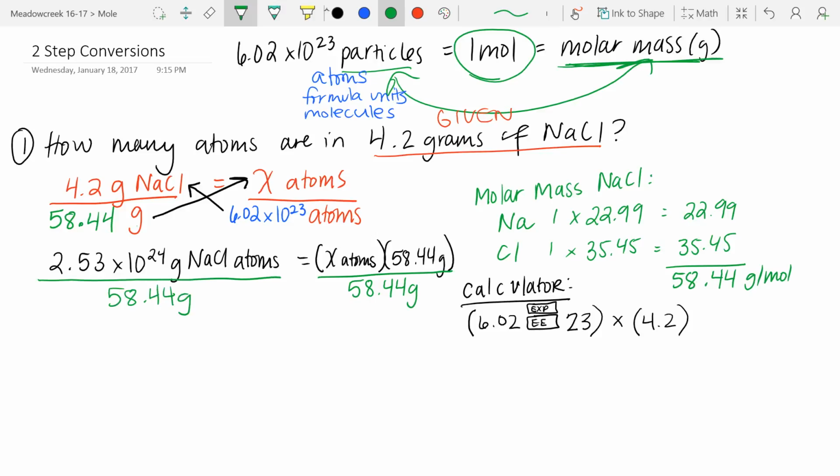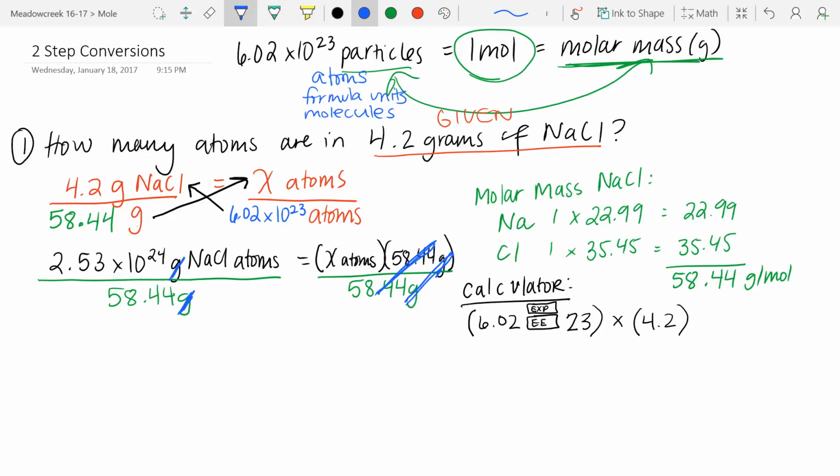When we do this, we notice a couple of things are going to cancel out. We're going to have the whole section over here cancel out, and then our grams on the left side also cancel out.